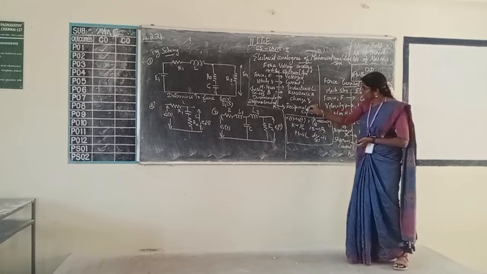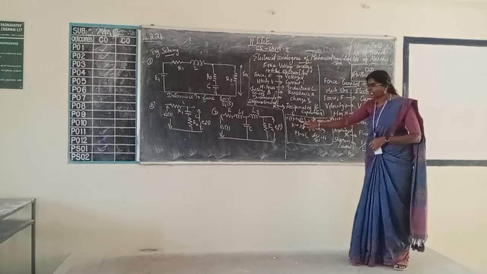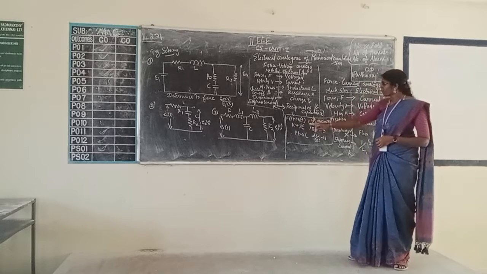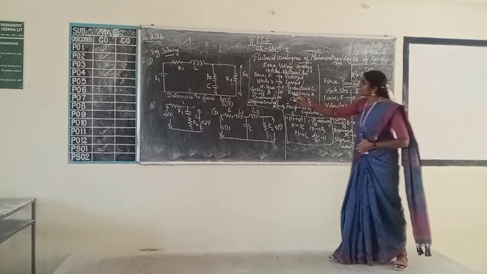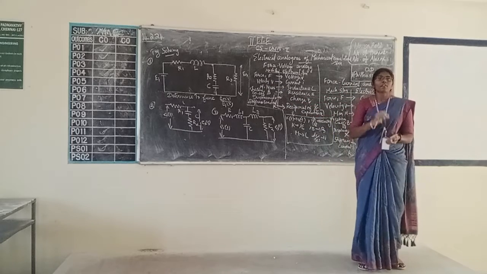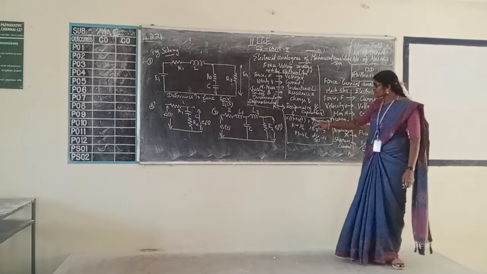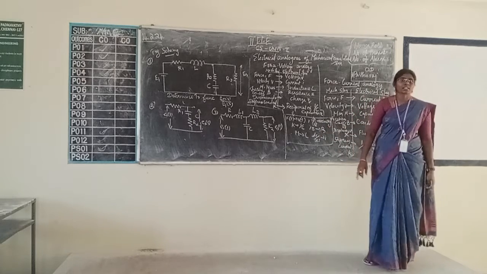In short, we can say F(t) should be written as voltage e(t), and i is the velocity. For every dashpot term we write dx by dt, and the dx by dt term is said to be velocity.